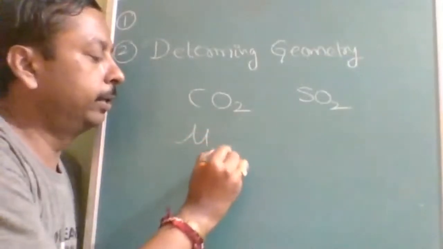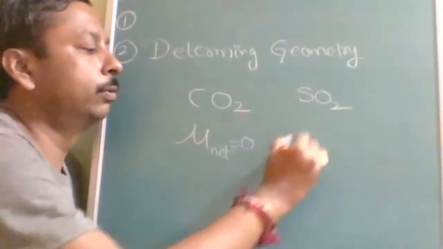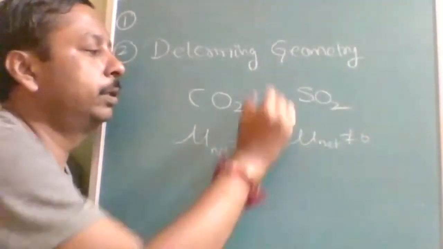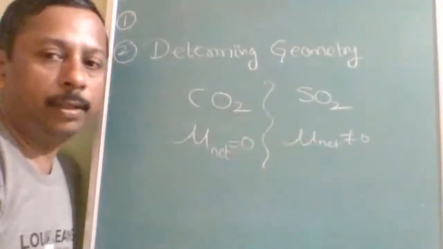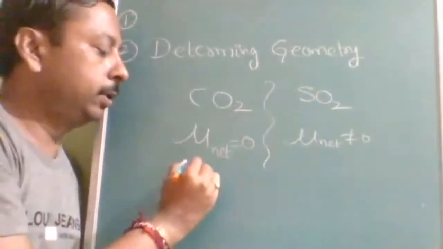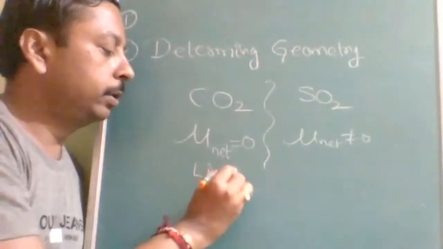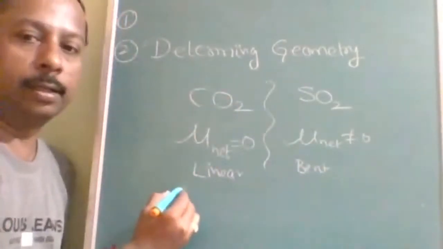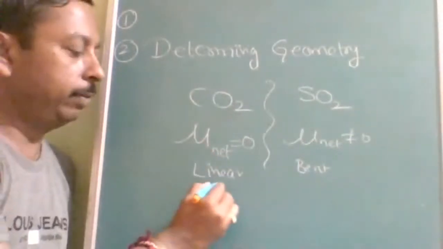But when they find mu net, for CO2 it is equal to 0, but for SO2 it is not equal to 0. That means there is some polarity. Then they could understand that SO2 is not linear. This is linear. This is bent. Because if it is linear, then only mu net will be 0.